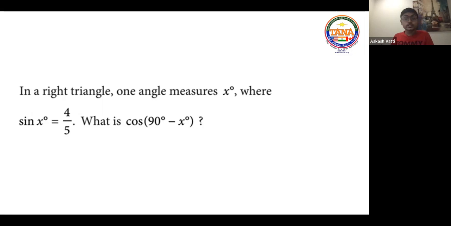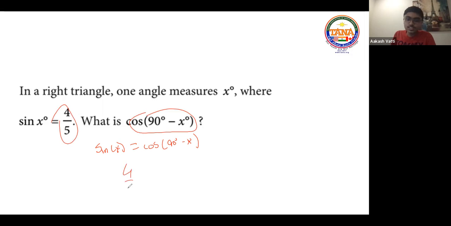So yeah, there's two ways of doing this. If you know the fact that sine x and cosine of 90 degrees minus x are complementary, then you would know that this really is just 4/5.